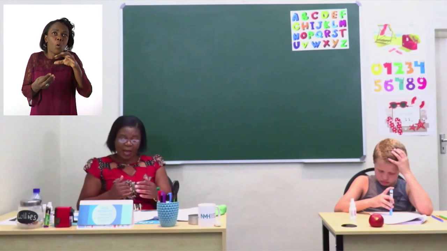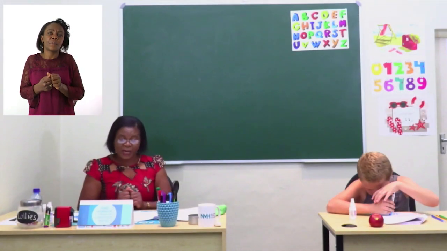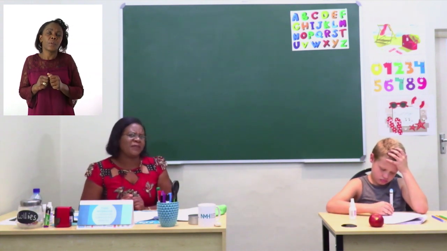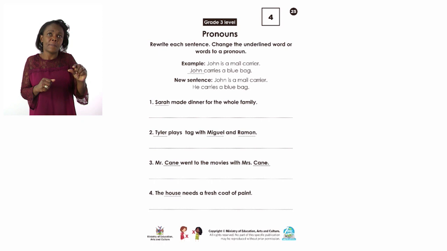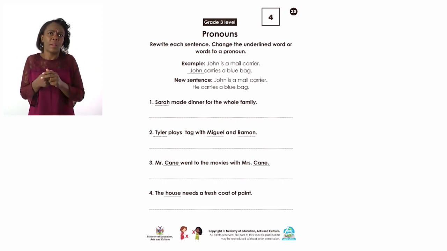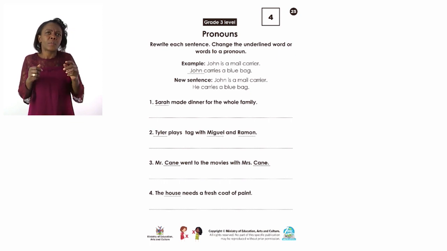Now the other thing I want you to do is number 2, 3, 4. But I can see there is something very tricky there. I hope you will get it. On number 2 it says, "Tyler plays tag with Miguel and Ramon." How many people are there? Tyler is playing tag with 2 people, not only one person. So we're not going to say "he plays tag with he and he."